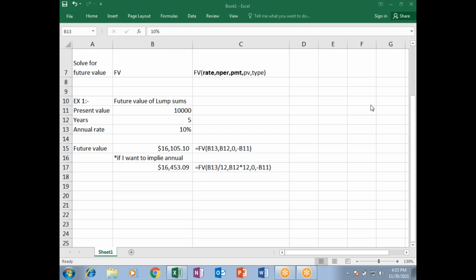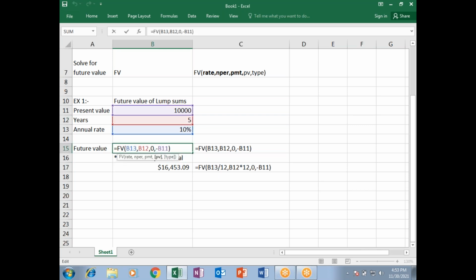Second one? Yes, sir. Second one. Okay. Here, see, if I want to find it out, I have directly specified the five years. So a total of 5 has been taken within the calculation. But if I want to represent annually, that time the future value will be calculated based on the annual.